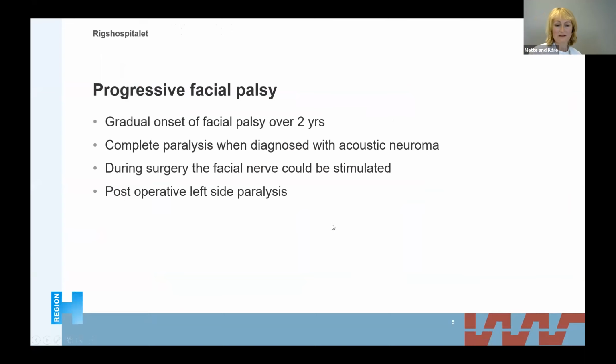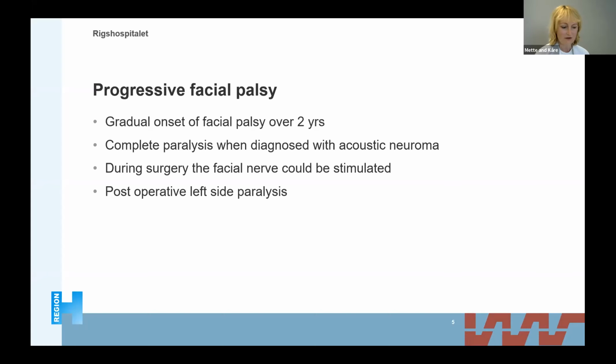Here we are. So this is a lady, late 50s, with gradual onset of facial palsy over 2 years. When the paralysis was complete, she was then diagnosed with an acoustic neuroma and operated. And during the surgery, the facial nerve could be stimulated but postoperatively, again, the left side was paralyzed.